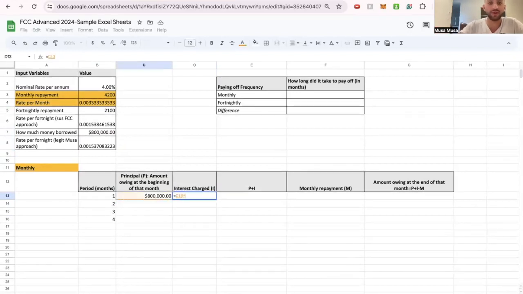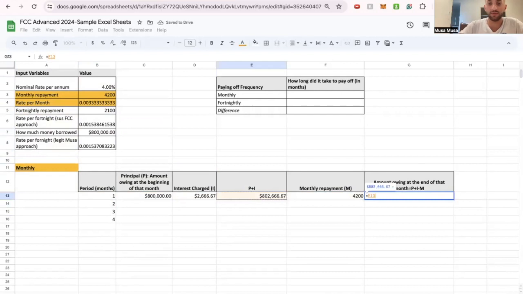The interest charge is going to be that times the rate per month, but pressing function to get it to be fixed. This is going to equal that plus that. The monthly repayment is going to be that. Fix that as well.